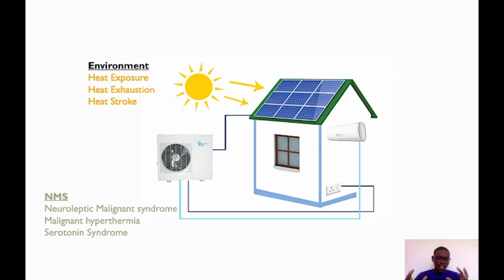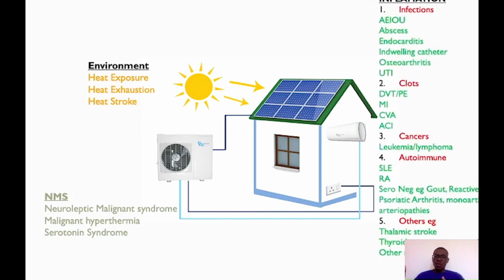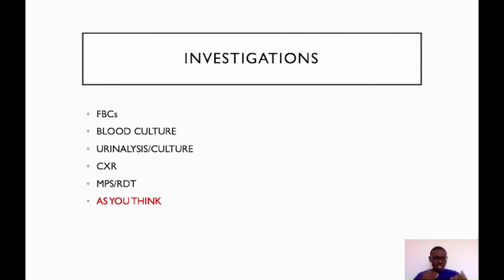So whenever you see a patient who comes to you with a fever, always approach them as a house which has got an air con, and outside there is a sun, okay? This is how you approach a patient with a fever. And if you are in hospitals, as you are trying to think what would be causing a fever, try to do these basic investigations.